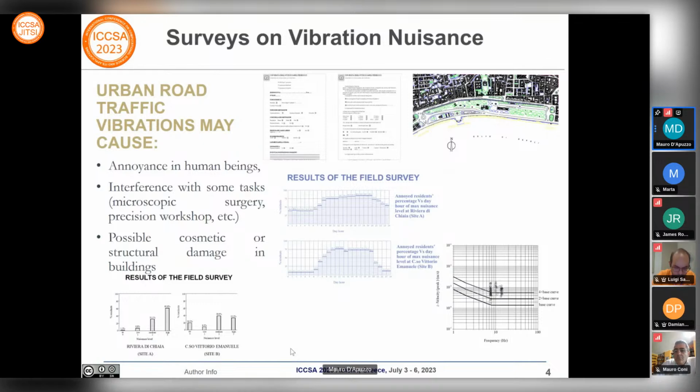We carried out a survey on a very highly trafficked Naples road street, where we asked about nuisance issues induced by traffic and by vibration caused by traffic, and we came up with a very dramatic response to this survey.